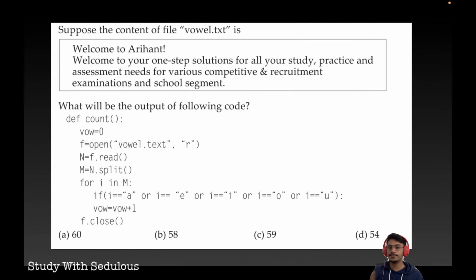So for i in m, if there is a, e, i, o, u, it will count 1. So how many a, e, i, o, u are there in this complete list or complete file?